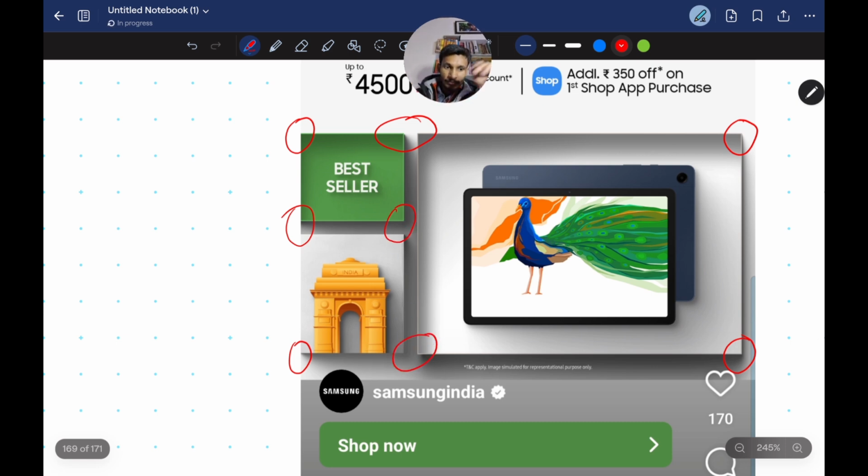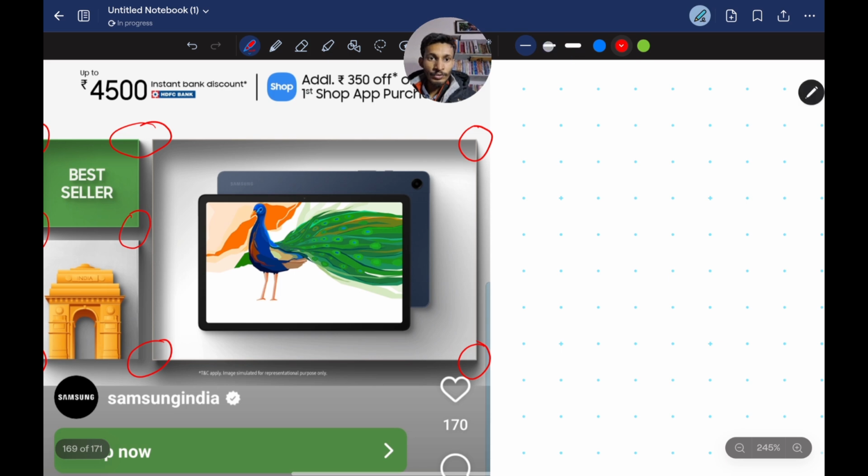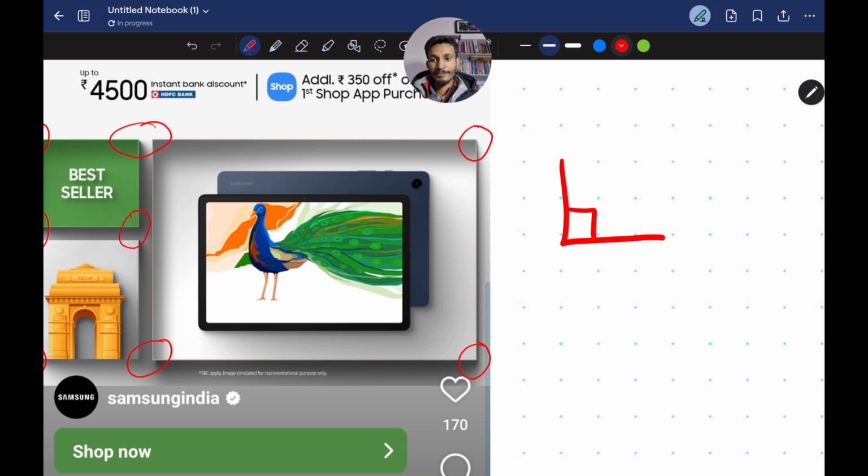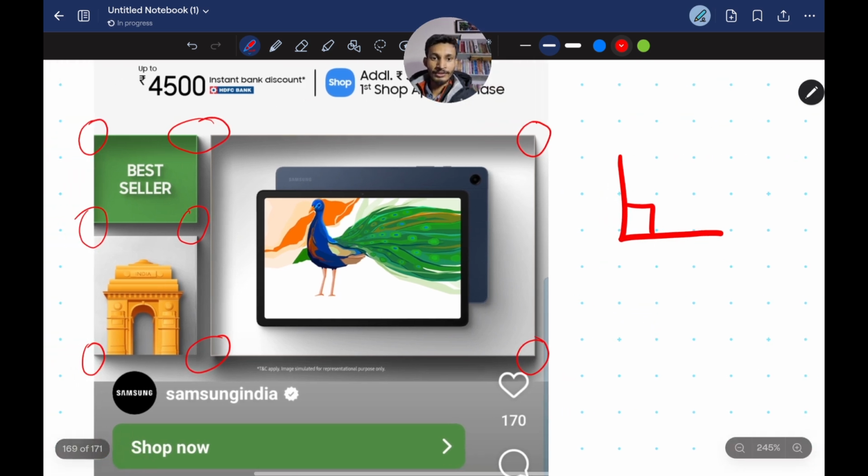These are all the corners that I have in this composition, and if you pay a bit of attention you would see that all these corners are 90 degrees. This is a 90 degree, 90 degree, right?